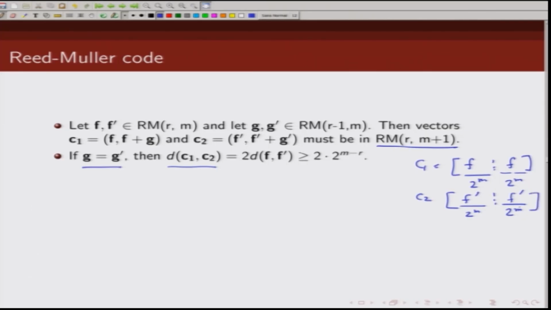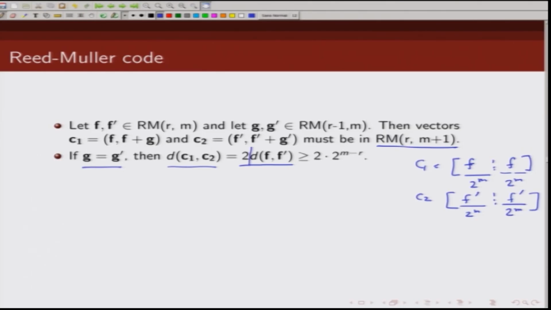So, what is the minimum distance between these? It is the minimum distance between f and f' plus the minimum distance between f and f'. So, that is what we are writing here. If g is equal to g', the minimum distance between C1 and C2 is 2 times the minimum distance between f and f'.